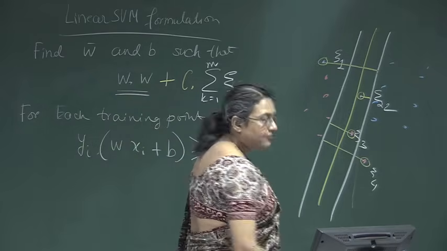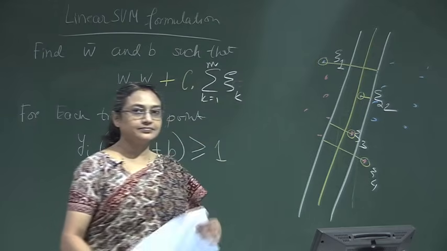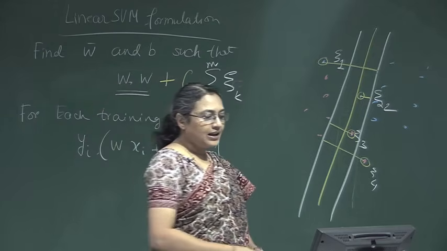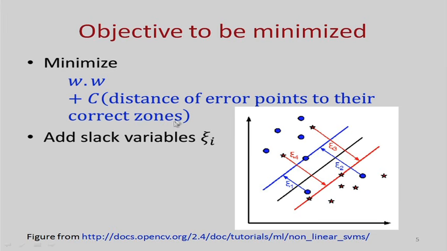So, if you look at the slides here, we can rewrite our formulation as minimizing w dot w, which corresponds to looking at the size of the margin, plus C times the distance of error points to their correct zones, and we achieve it by adding slack variables xi i.